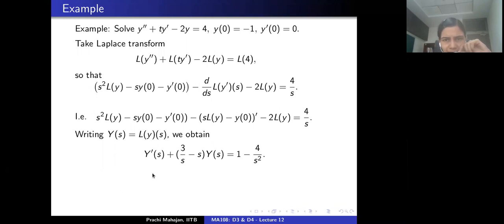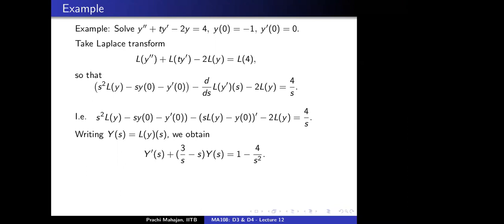So you will have s times the Laplace transform of y, which is capital Y itself, plus the derivative of the Laplace transform of y with respect to the s variable, which is this term here. Correct, this looks correct. Is that okay? Is everybody with me? I'll actually pause for a minute if you want to ponder over it.